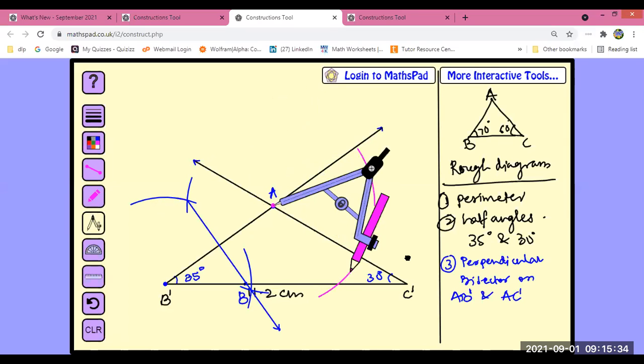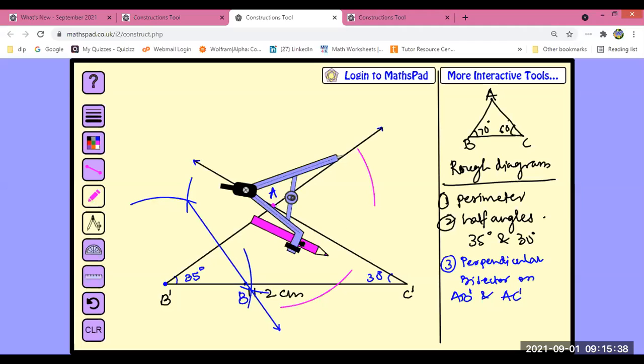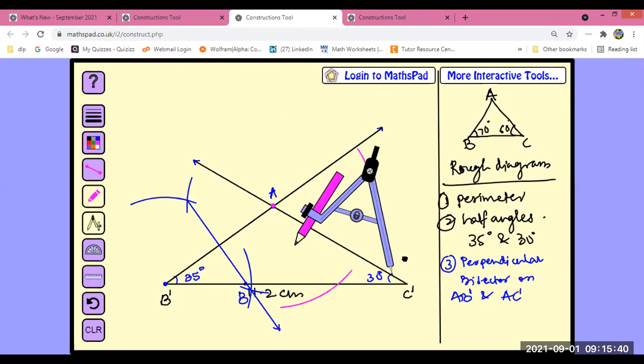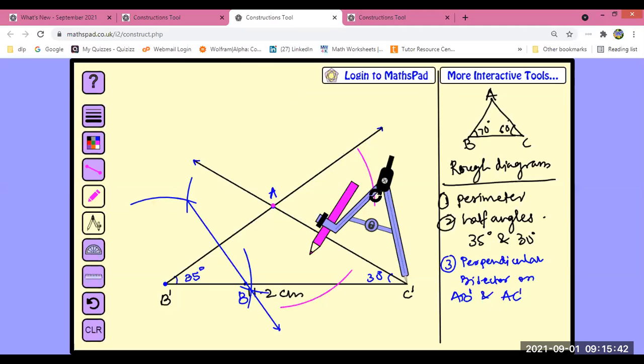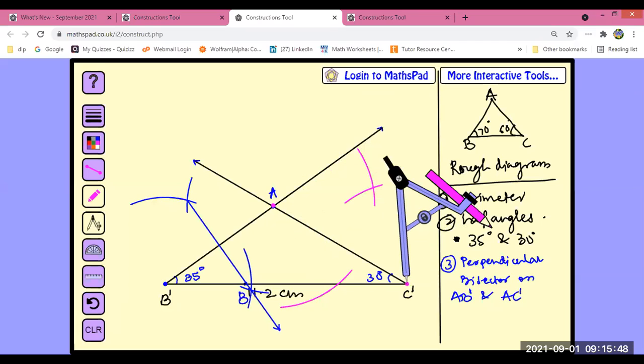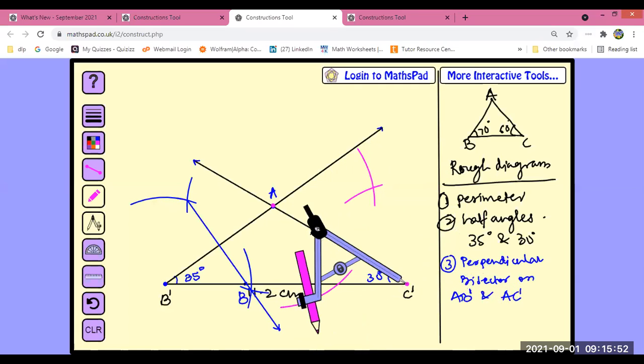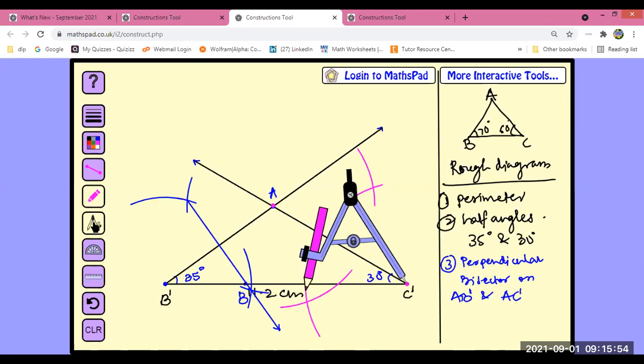Place the steel point on C dash. Without disturbing the distance, we are placing the steel point on C dash and now cross out the arcs. So here we are crossing out the arcs like this. Right? And that gives us 2 points.